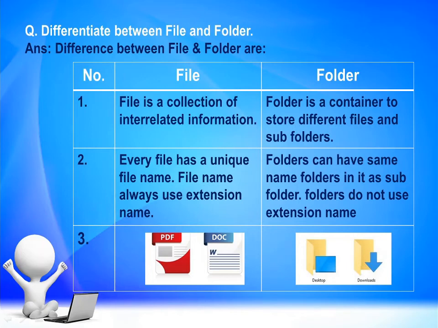File name always use extension name, whereas folders can have same name folders in it as subfolder. Folders do not use extension name. Third point is here the logo or the icons. The pictures have given here for files as well as the folders.